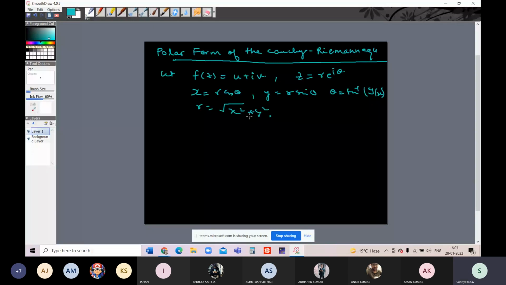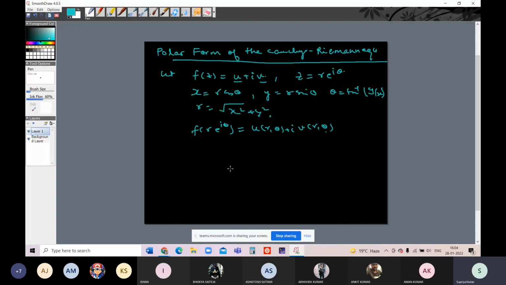Okay, so you know that u and v are real valued functions of x and y. If we substitute x as r cos θ and y as r sin θ, we can say that u and v are also functions of r and θ.